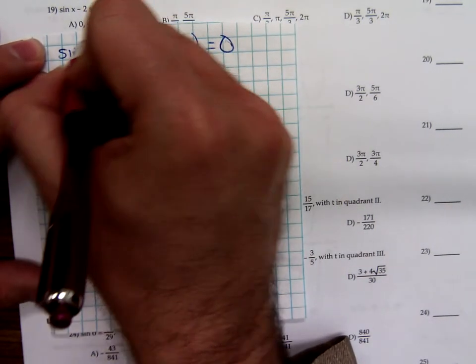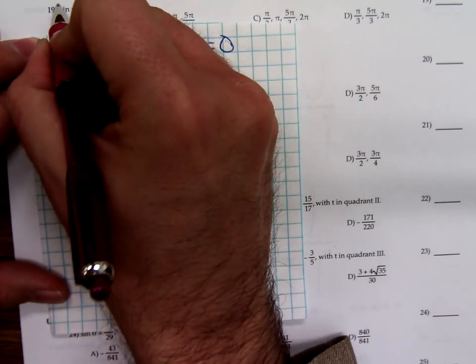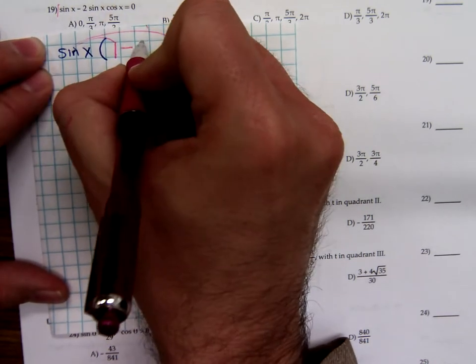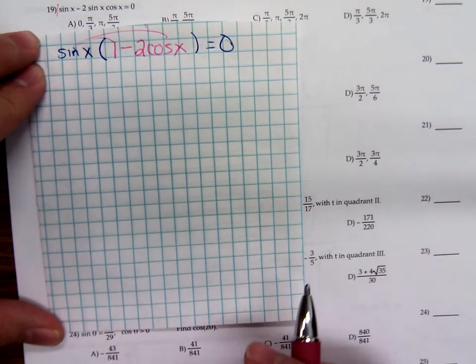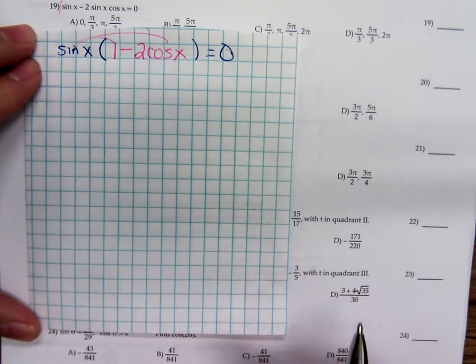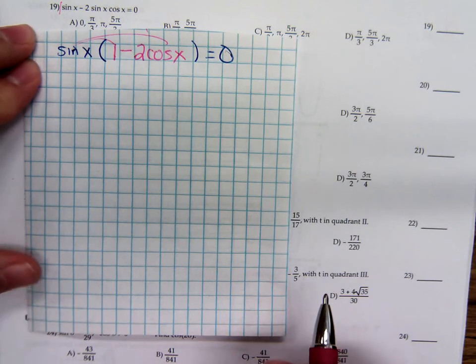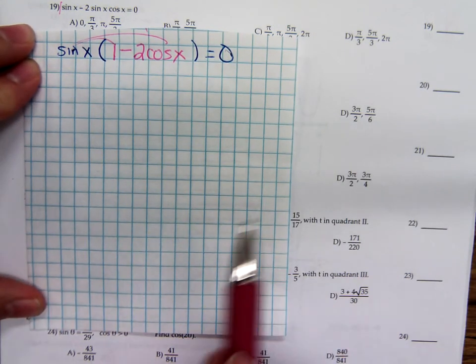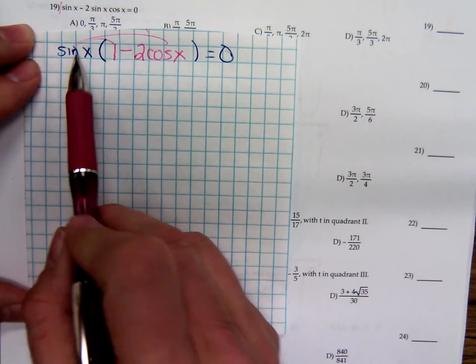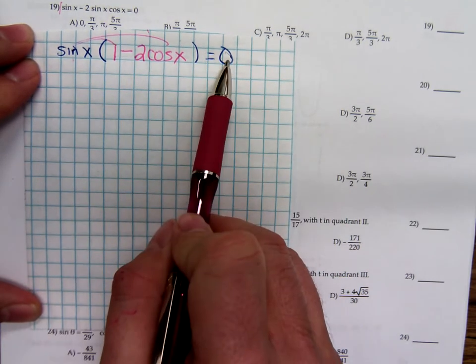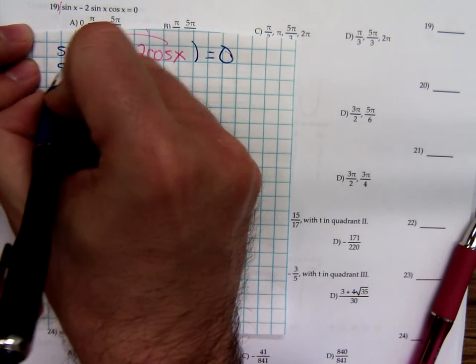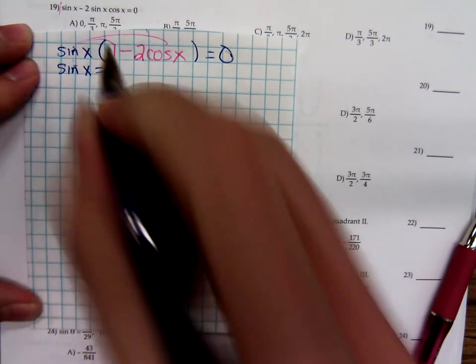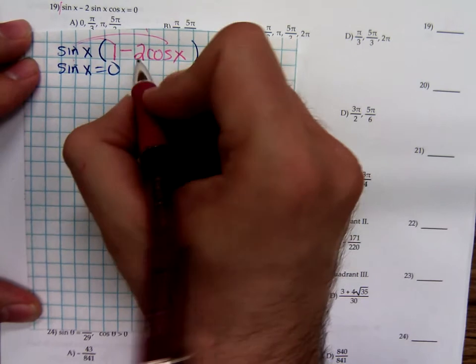I need a 1, and then a minus 2 cosine x. I factored a sine x from each term. And now it's like number 18. It's factored on the left with a 0 on the right. So I'll set the sine x equal to 0, and I'll set the 1 minus 2 cosine x to 0.